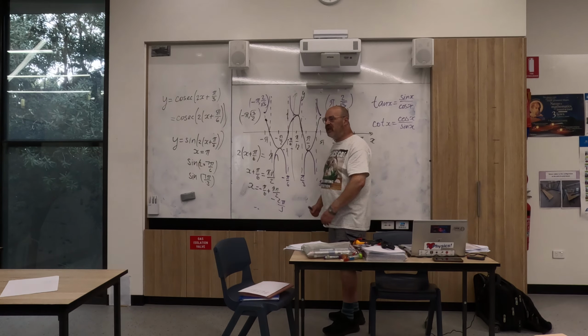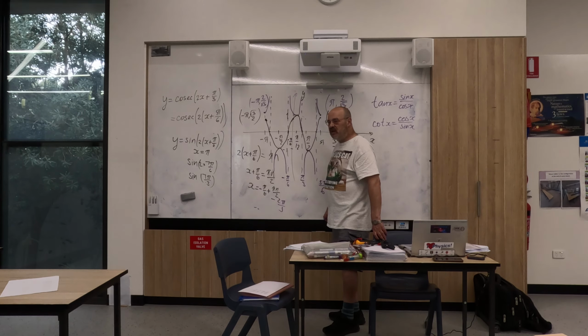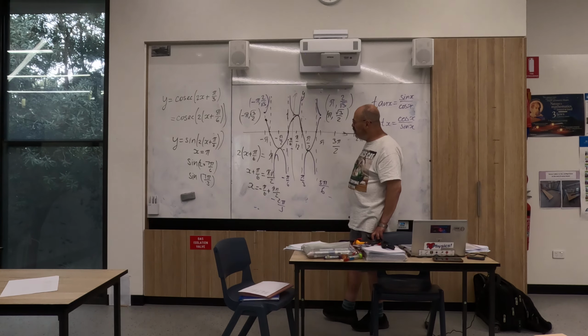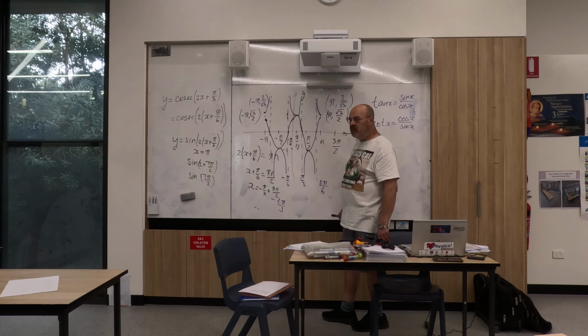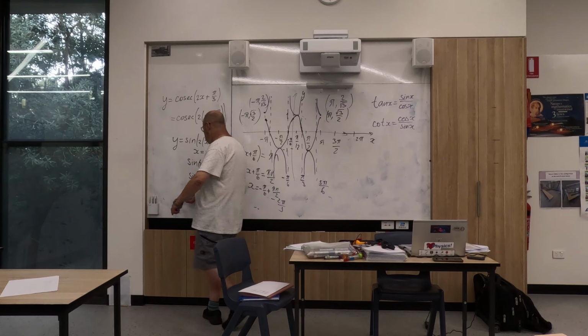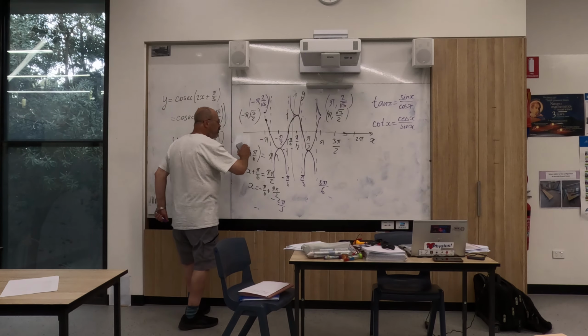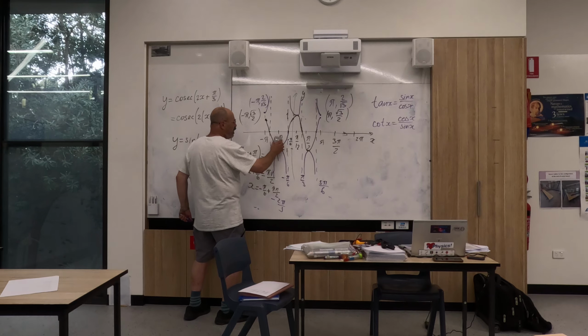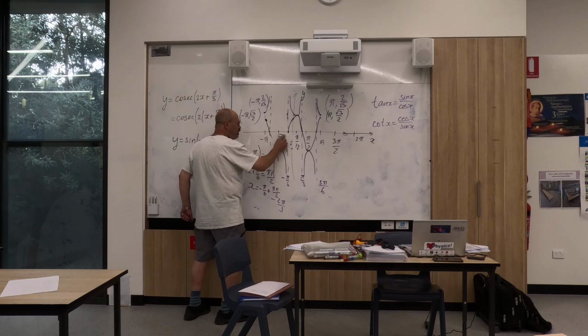It's not up to scale. Negative pi is after the maximum. Yeah, so this pi on 12, I missed one term. I made it too wide here. Yes, thank you.